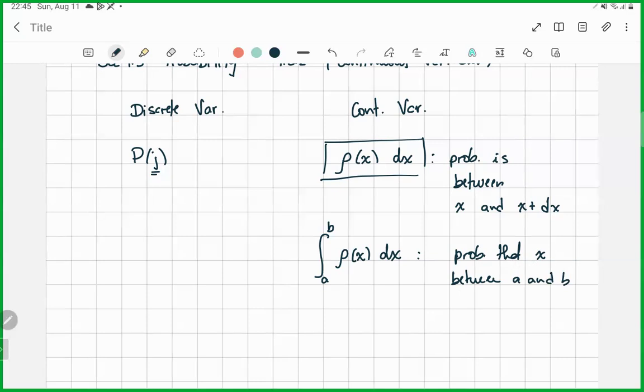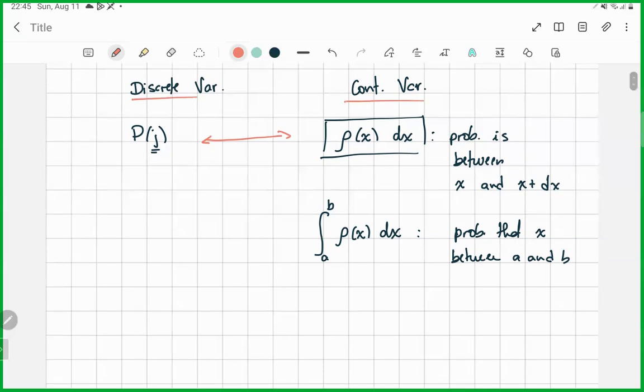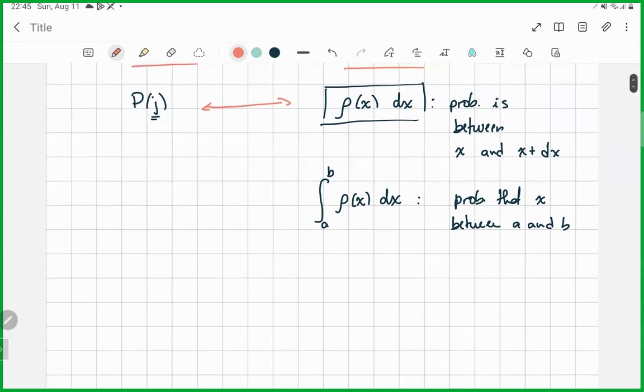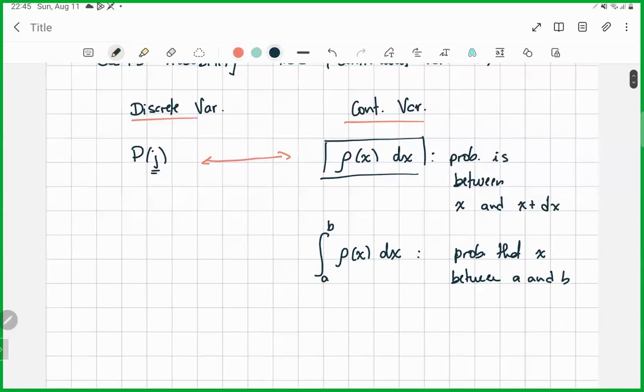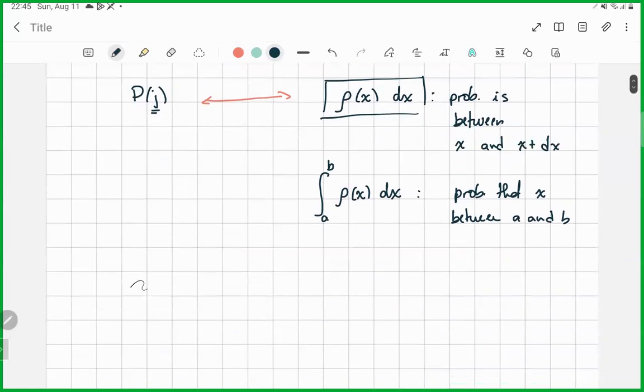Okay, so this is our analogy between discrete variables and continuous variables. What else did we talk about when we were discussing discrete variables? We said that the sum of all probabilities has to equal 1. Well, now that we are talking about continuous variables, what is the equivalent of a sum? Now we don't talk about sum anymore, we talk about integral.